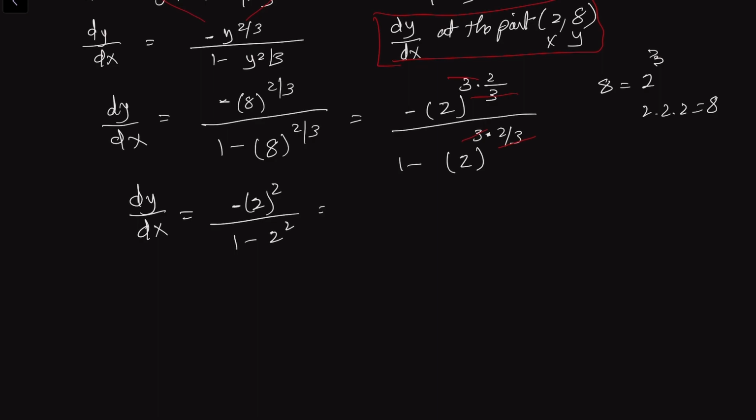Negative 2 squared is negative 4, over 1 minus 4, so it equals negative 4 over negative 3. So it will be 4/3.